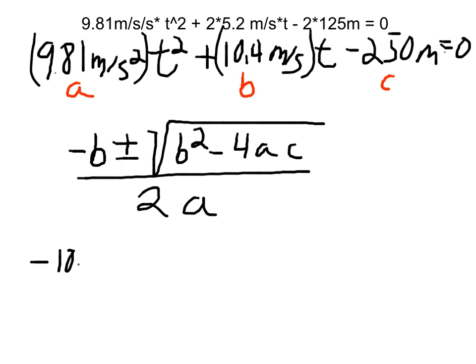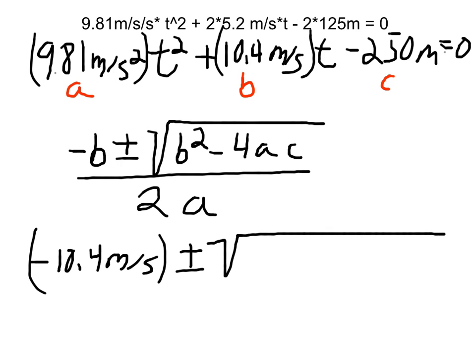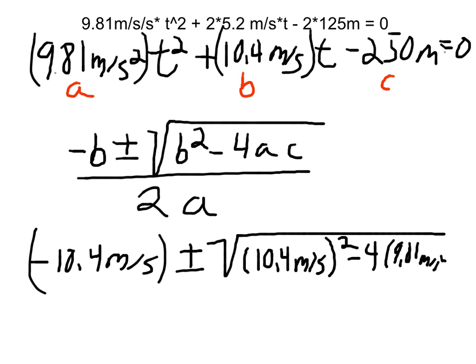Negative 10.4 meters per second plus or minus the square root of 10.4 meters per second squared minus 4 times a, which is 9.81 meters per second squared, times c.